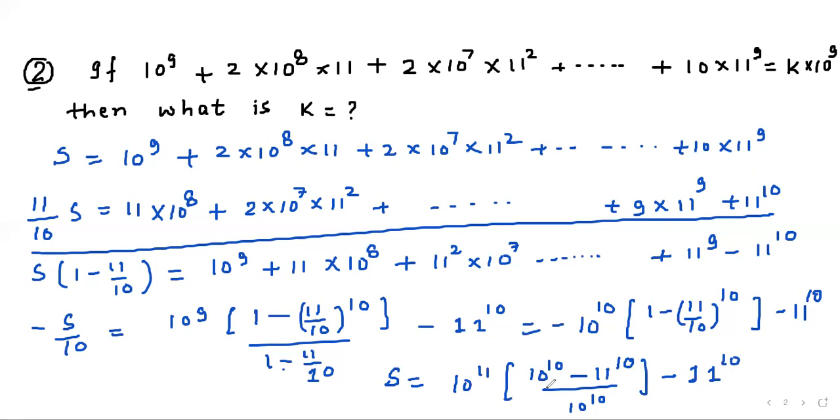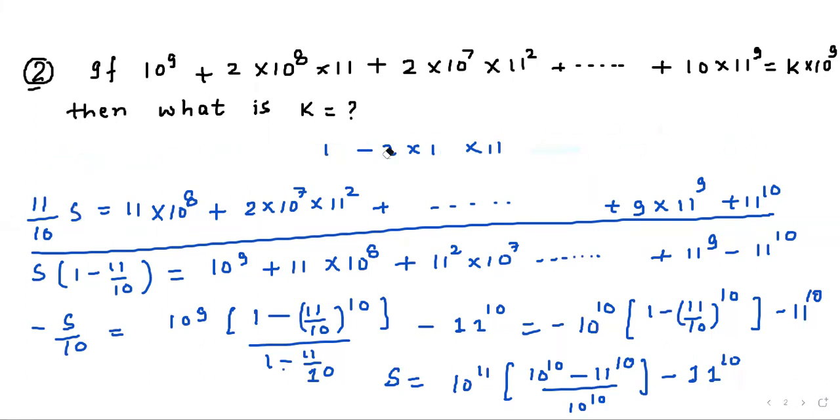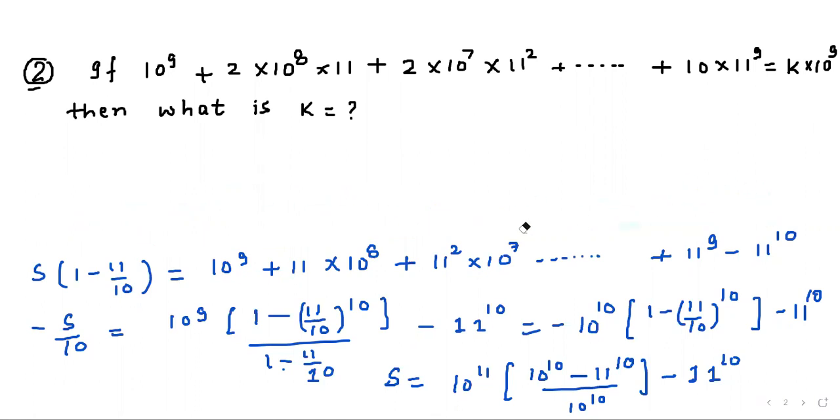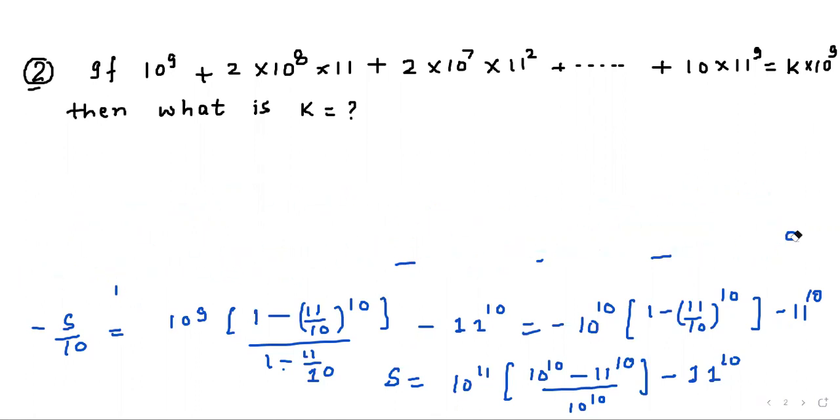If we open the bracket, from here 1 power will cancel out, so 10 will be left here; 10 power 10 into 10 power 11, so 10 will be left.